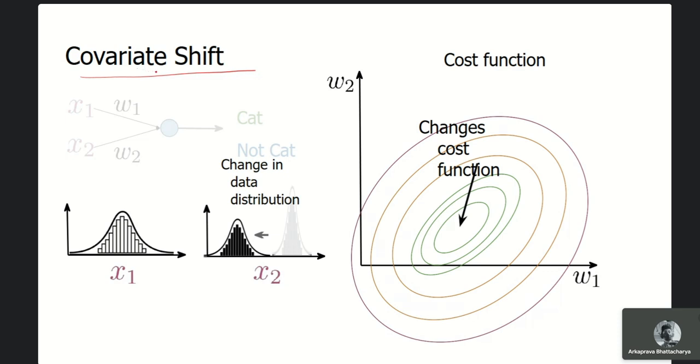Covariate shift means that the change in data distribution causes the change in the cost function to be abrupt, or it does not cause it to change in a smooth way. I'll again repeat that the change in the data distribution results in abrupt changes in the cost function, and that is what we mean by covariate shift.